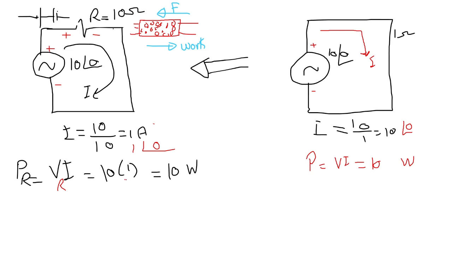It's 10 multiplied by 1 ampere, it's 10 watts. And again, this 10 watts represents the power, or the work, that needs to be performed by the voltage source in order to overcome the resistance force and in order for the current to continue to flow in the circuit.